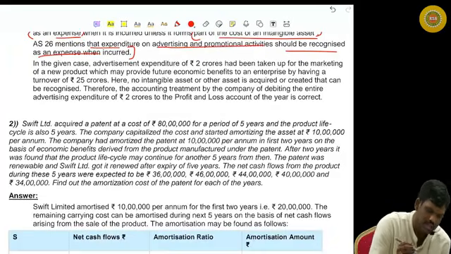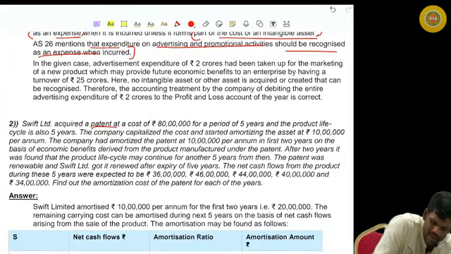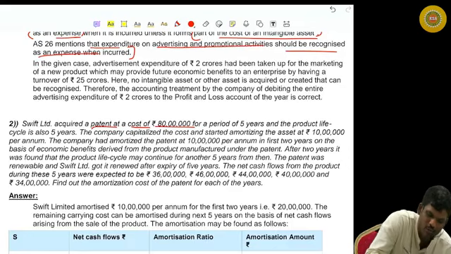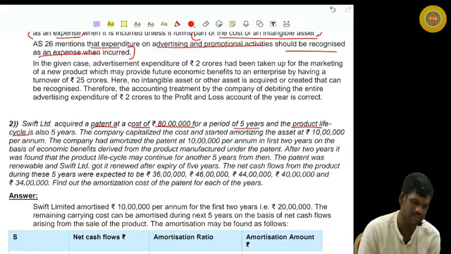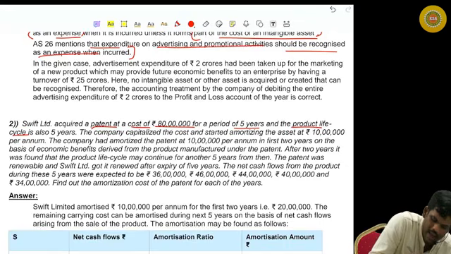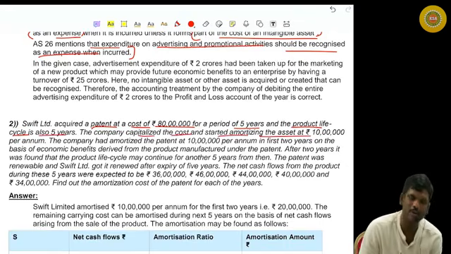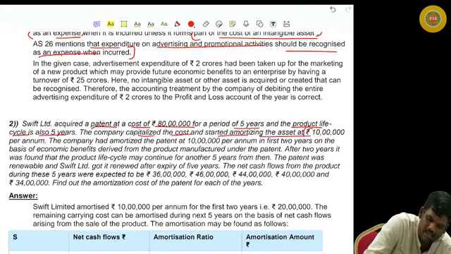Next question. Swift Limited acquired a patent at a cost of 80 lakhs for a period of 5 years, and the product life cycle is also 5 years. The company capitalized the cost and started amortizing the asset at rupees 10 lakhs per annum. The company had amortized the patent at 10 lakhs per annum in the first 2 years.